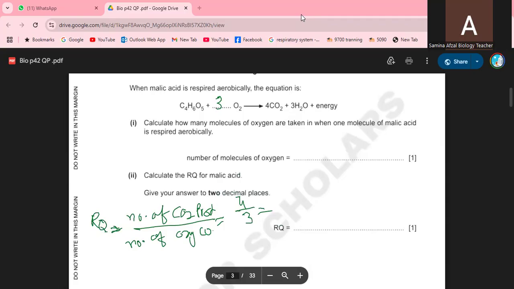If we divide 4 by 3, we get 1.33. So this is the RQ value for malic acid. First of all we balanced the equation, and after balancing the equation we found the RQ value, which is equal to 1.33. That is, 4 molecules of carbon dioxide are produced by using 3 molecules of oxygen to break down the malic acid.